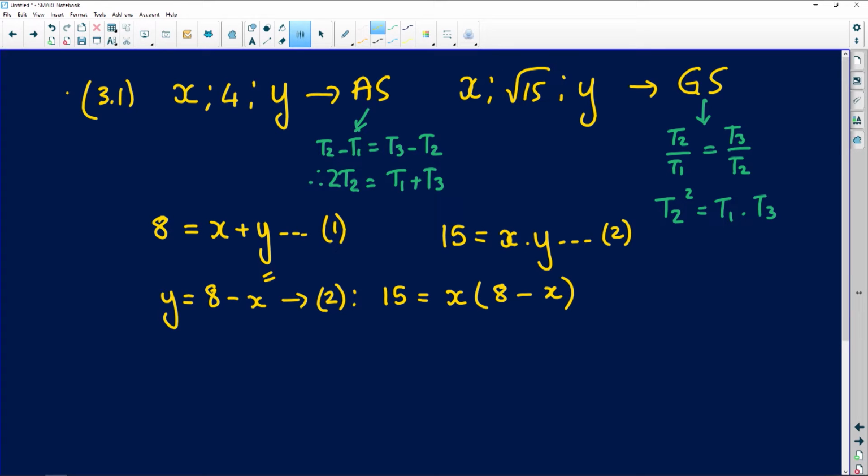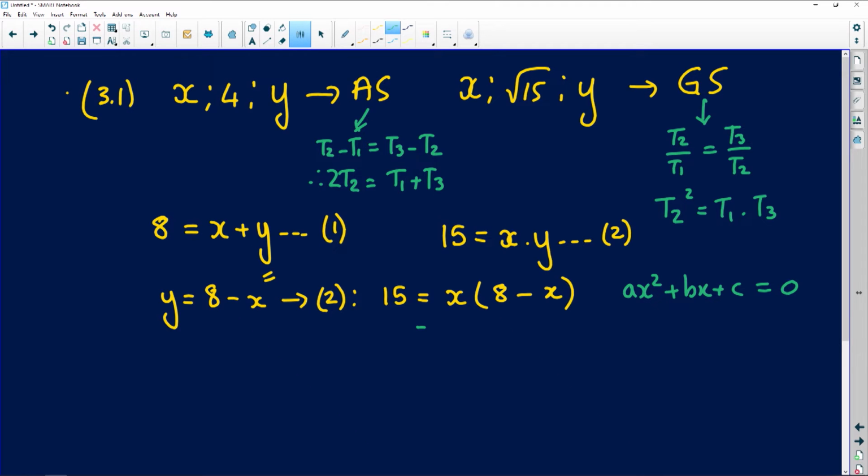Now, folks, over here you can see if you multiply the x's out, you're going to have a quadratic. All quadratics, remember, need to be in standard form before we can solve them. So we need to distribute the bracket in this case, collect the terms on the left-hand side, and write it in standard form equal to 0 so we can factorize.